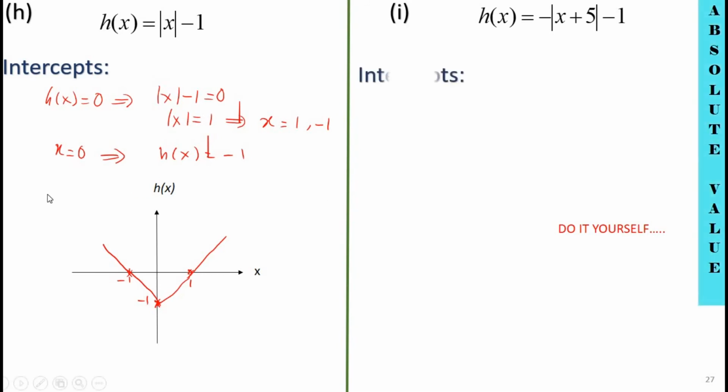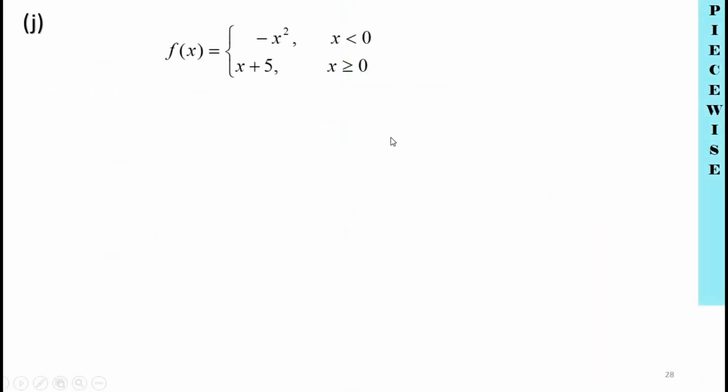Okay, now last one. We have f(x) is equal to negative x squared for x less than 0, and x plus 5 for x greater than or equal to 0. This is a piecewise function.